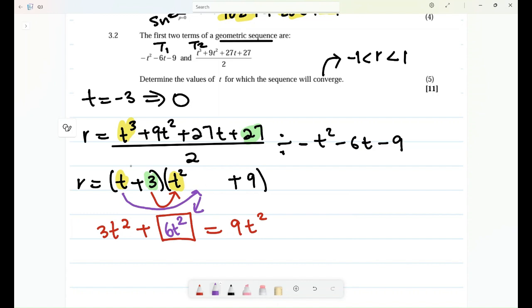I repeat, what is the term that I should multiply t with so that it gives me 6t squared? You all agree with me that the value is plus 6t here. All right. There is another way of doing this, but I hope I had time to show you that step, but maybe we can go through it. For now, I'll just come back to it. So it is 6t, right?